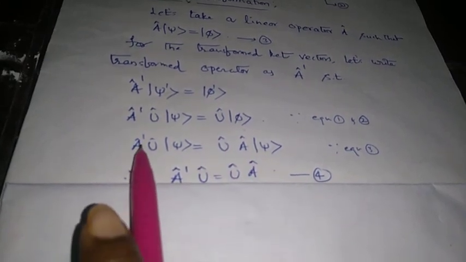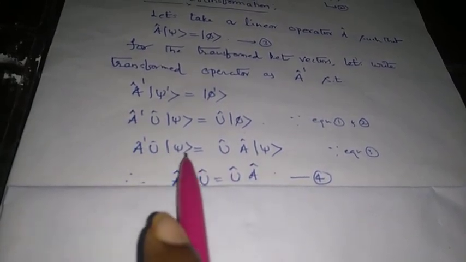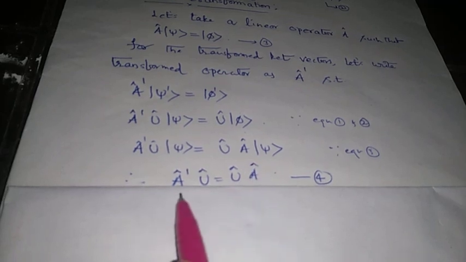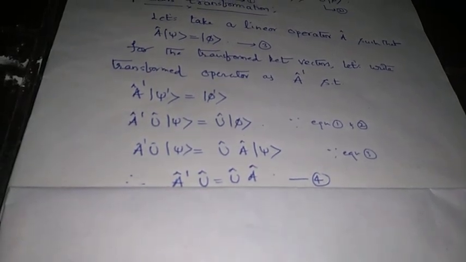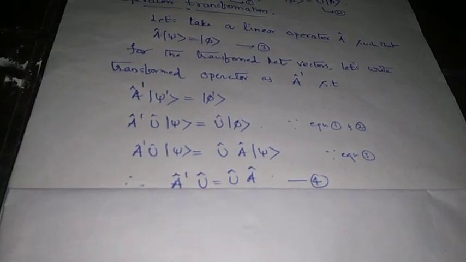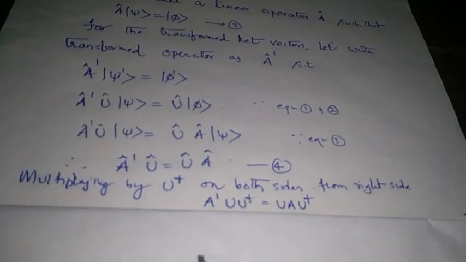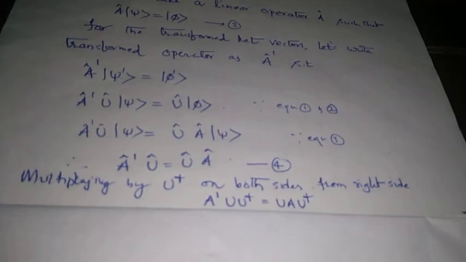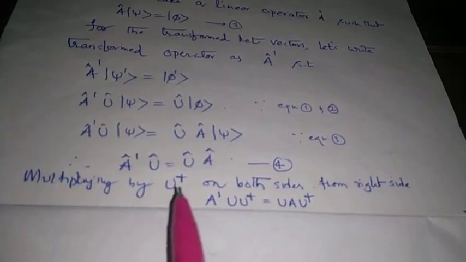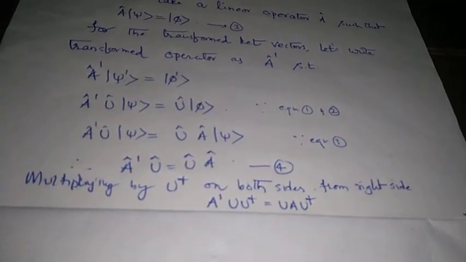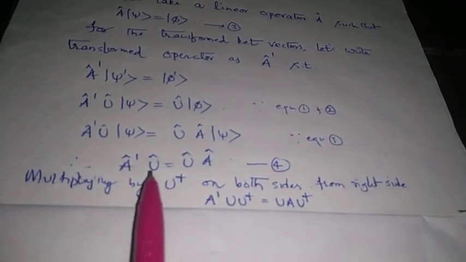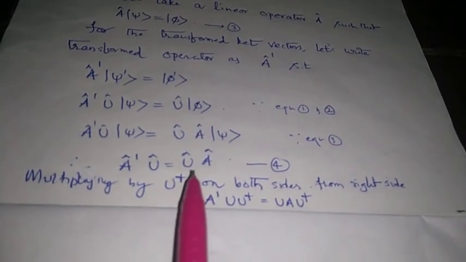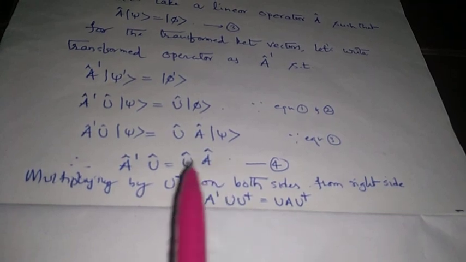So we can say that A prime U is equal to U A, and we call this equation number 4. And now if you multiply equation number 4 by U dagger from the right side on both sides, we see that A prime U U dagger is equal to U A U dagger.